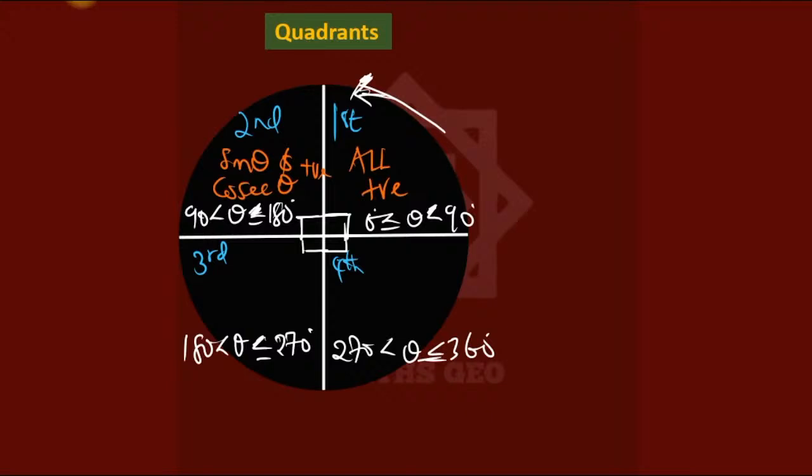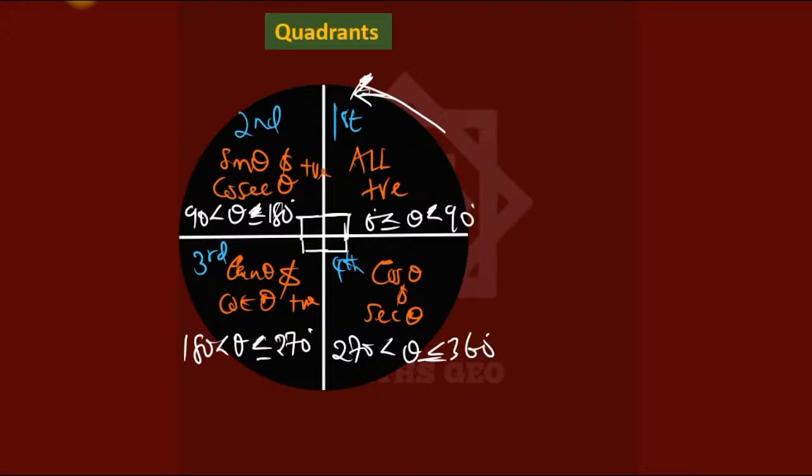Coming to the third quadrant, only tan and its reciprocal, cot, are positive. In the last one, cos and sec are positive, others are negative in the fourth.